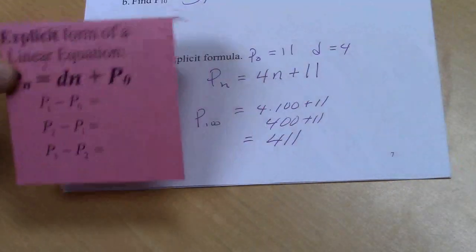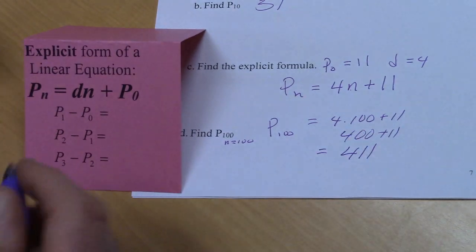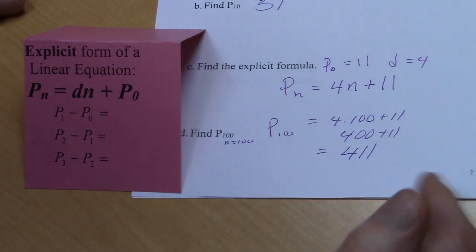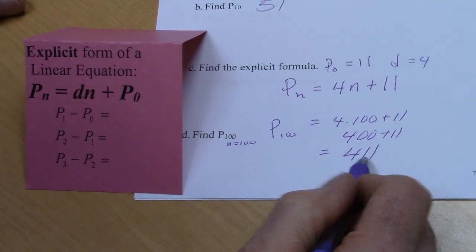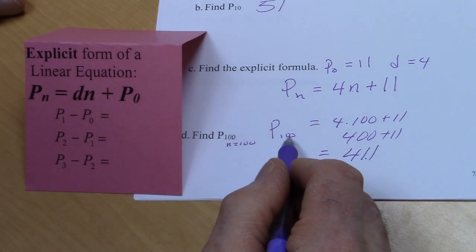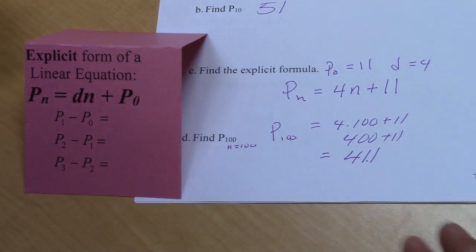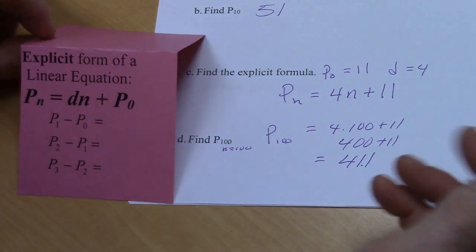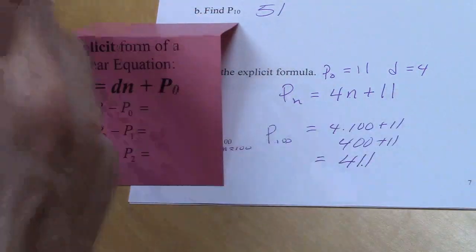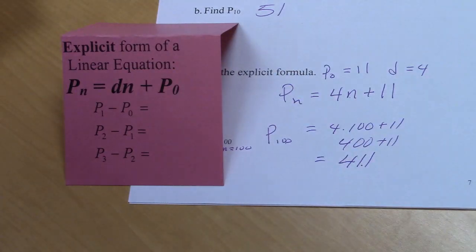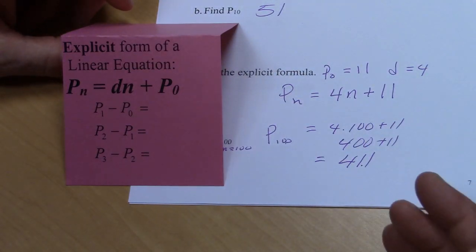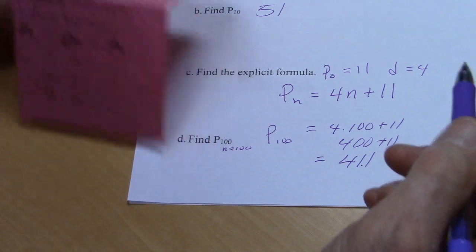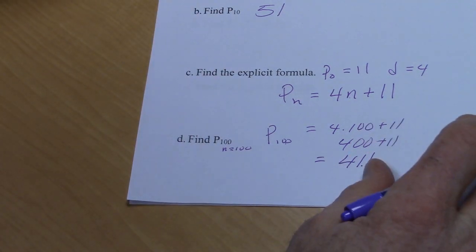So you can see explicit formulas are preferred because it's just a lot faster to get one of the larger numbered terms. If you had to go to 1,000 or something, it's really simple to just substitute 1,000 for n and then calculate it. So explicit means it's kind of out in the open. It's just an easier, more obvious expression than the recursive formula.